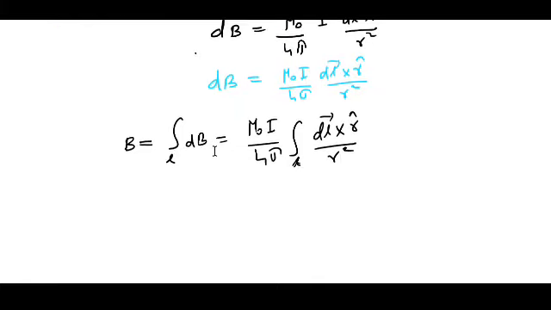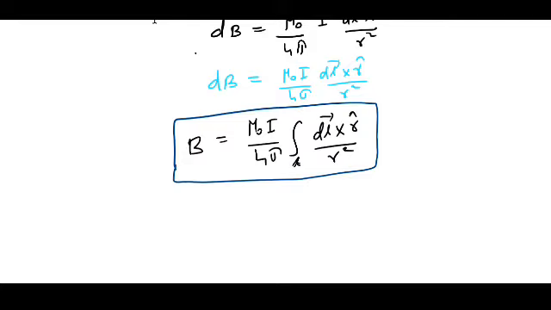Okay, this magnetic field B is the Biot-Savart law that gives the value of the magnetic field at a distance r from the wire, where this mu 0 is equal to 4 pi into 10 power minus 7 Newton meter by ampere square.